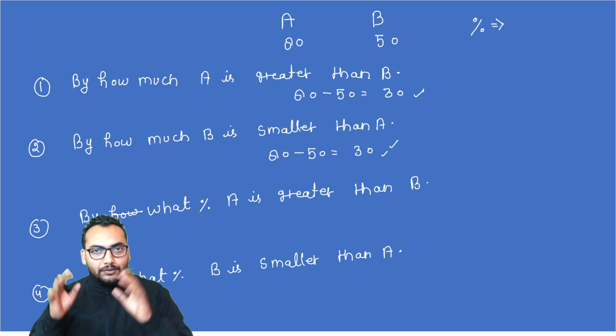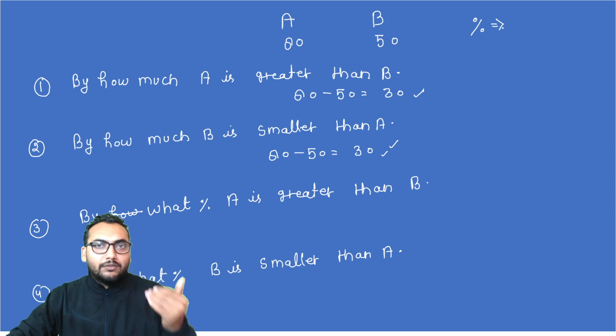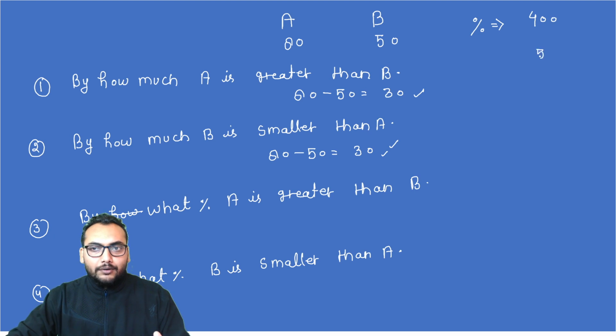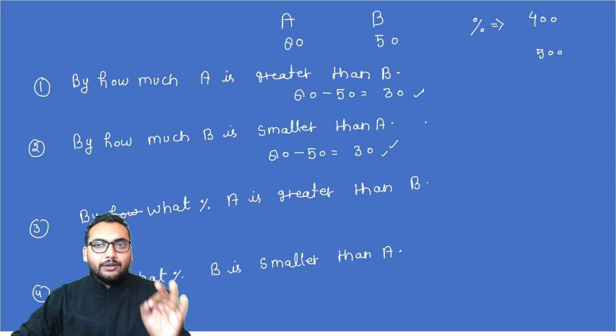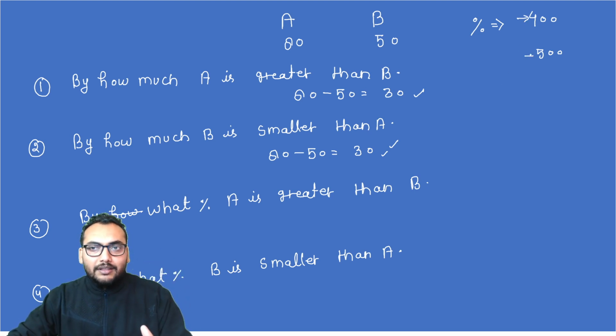Now let us suppose I scored 400 marks out of 500. I just want to know by what percent I scored, right? So how can I do this? You have to compare this 400 with this 500 and then you will be able to find it out.